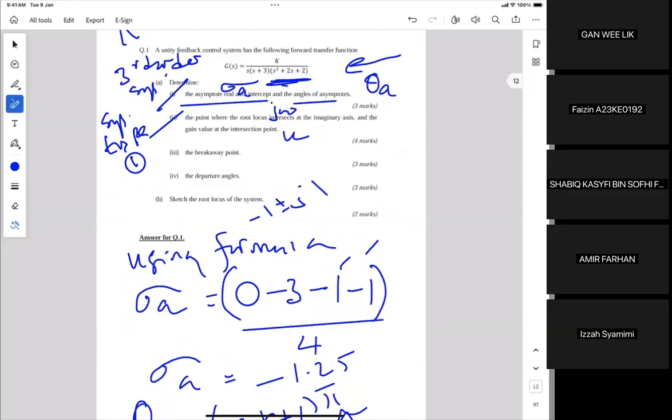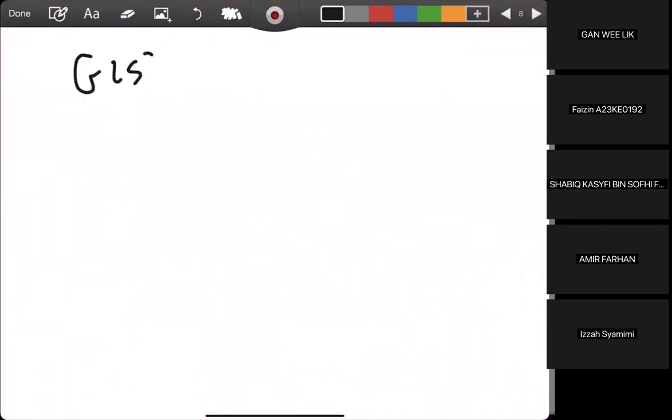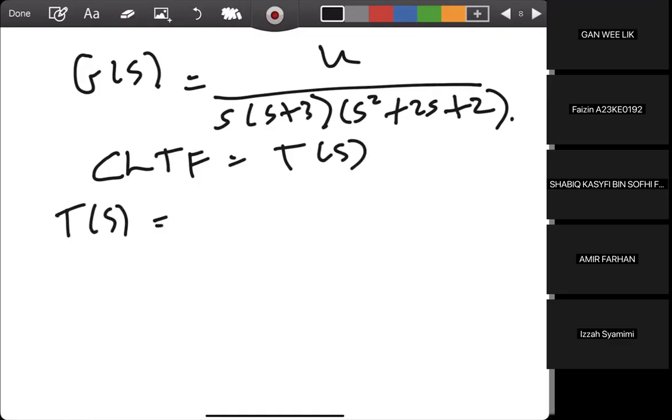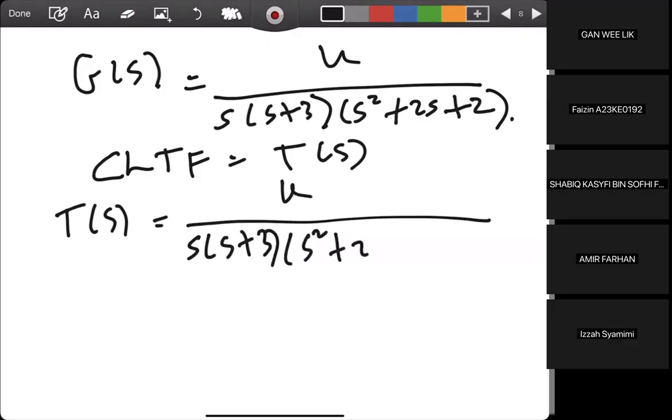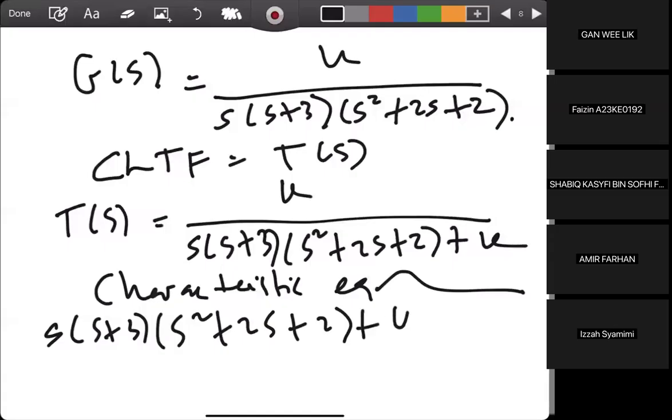Okay, so the open loop is k over s plus 3 s squared plus 2s plus 2, the closed loop transfer function is k over, and the characteristic equation is s plus 3 times s squared plus 2s plus 2, plus k equal to 0.